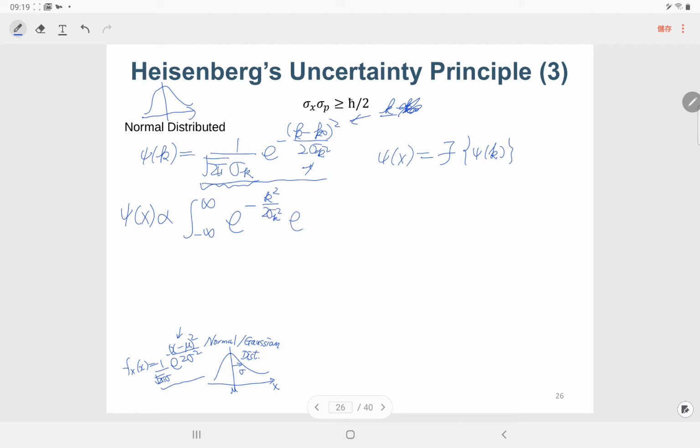So we multiply it by minus j kx dk. So this is actually phi, or this one should be phi k minus k0, k plus k0.